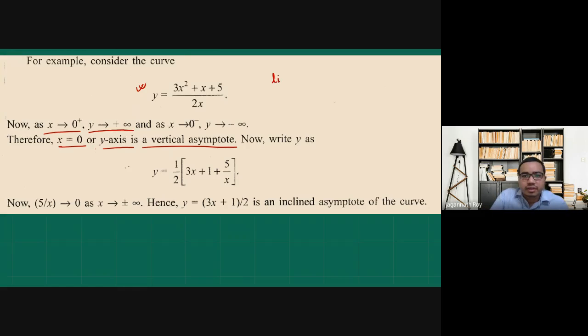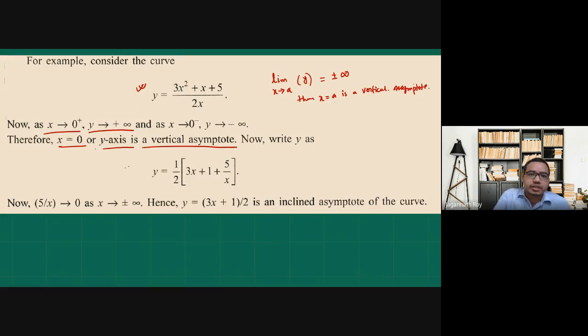Remember that if the limit as x goes to a of f(x) is plus minus infinity, then x equals a is a vertical asymptote.